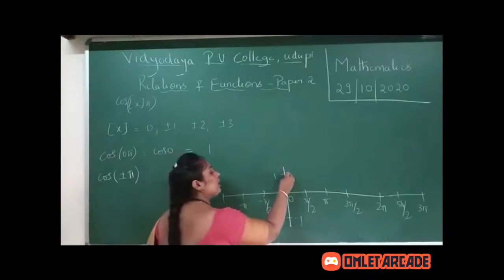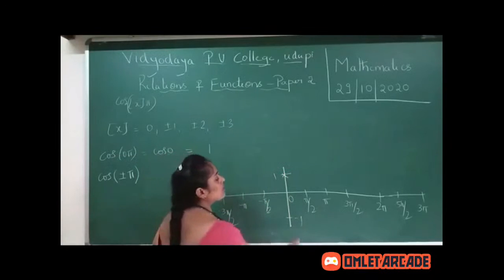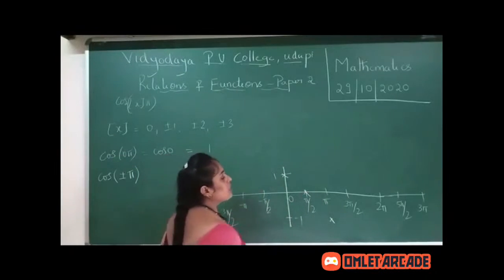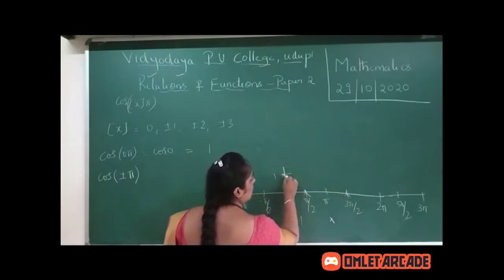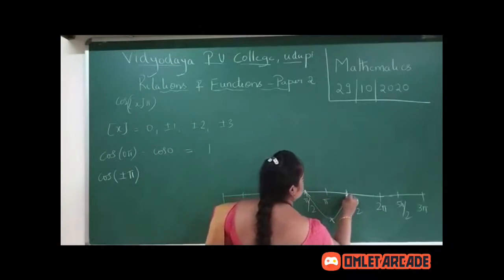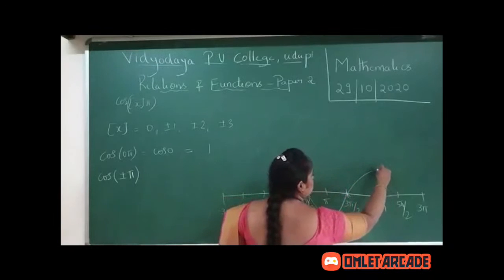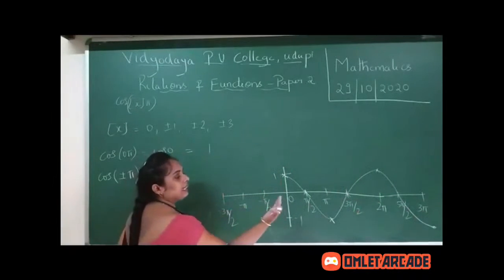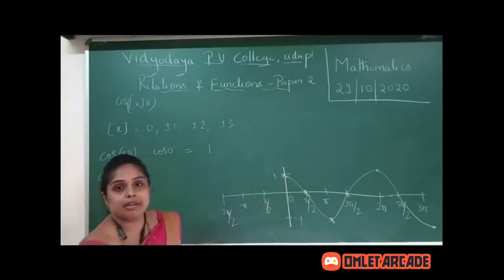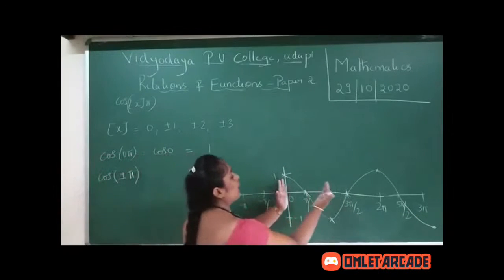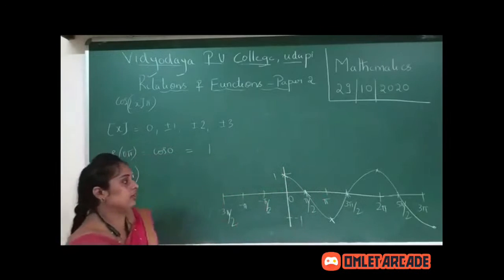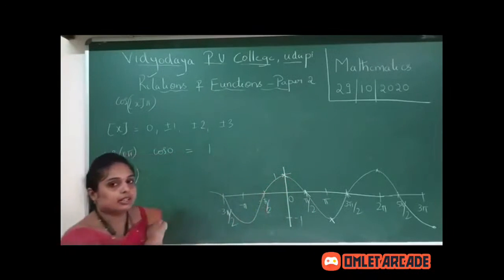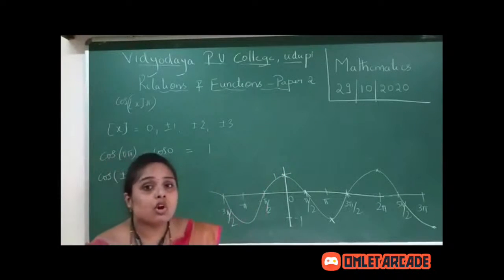So for cos 0 it is 1, cos 90 is 0, cos pi is minus 1, cos 3 pi by 2 is 0, so you get a graph like this. Right? And exactly this one will be the mirror image of that. If you try to fold it, you will get the same graph here. So look here, like this. Right? So cos of minus theta is cos theta.